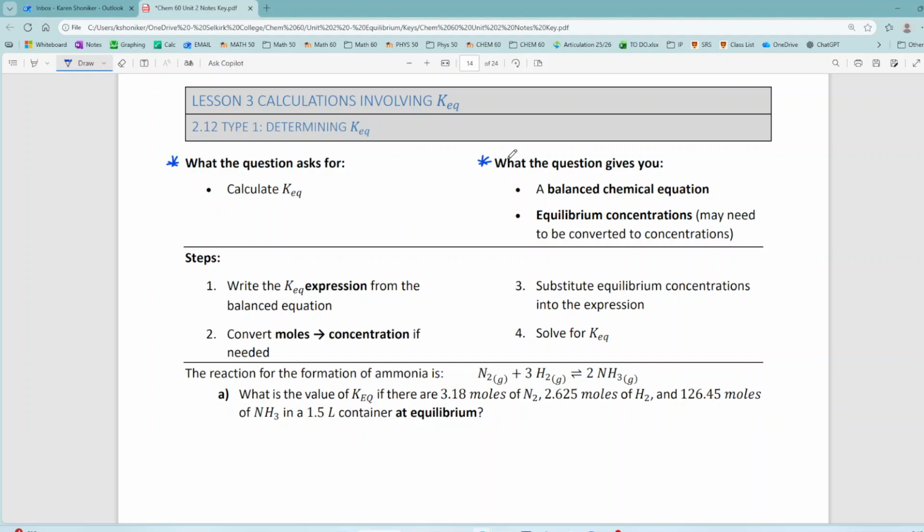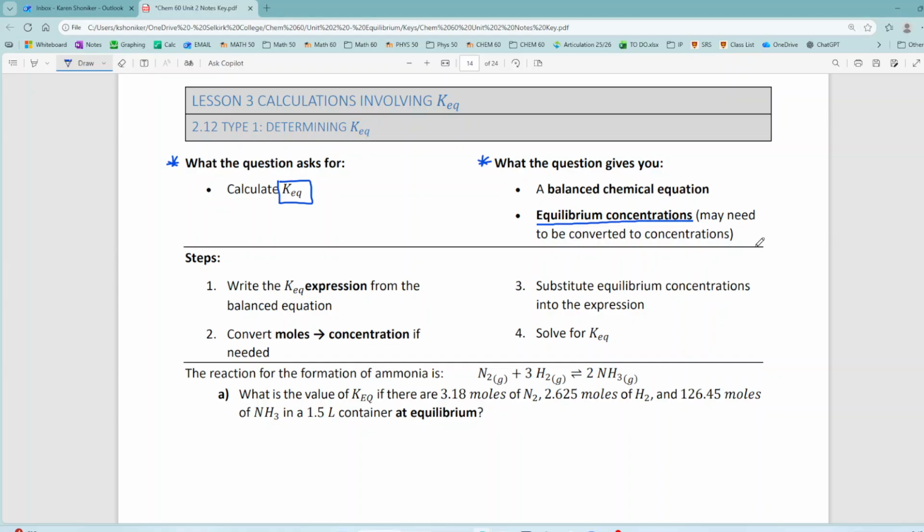So what we're going to look at first is type 1. In type 1 questions, the question will ask you to calculate the equilibrium constant, and the question will give you a balanced chemical equation, or maybe you'll have to balance it, but the key thing that it's going to give you is equilibrium concentrations. It will say something like, at equilibrium, the concentrations are.